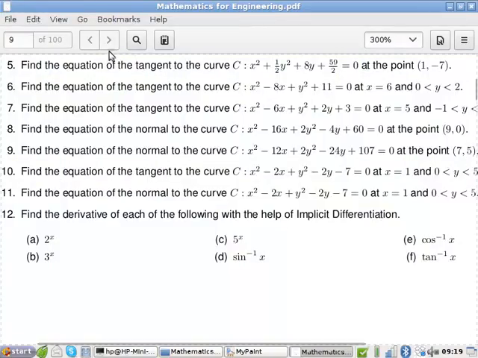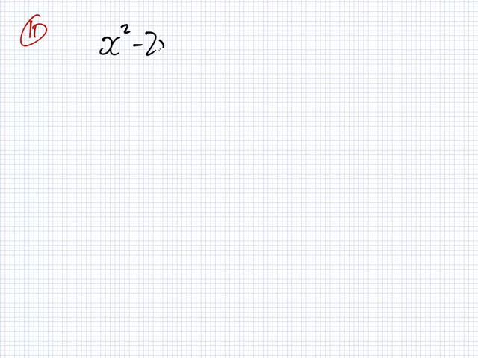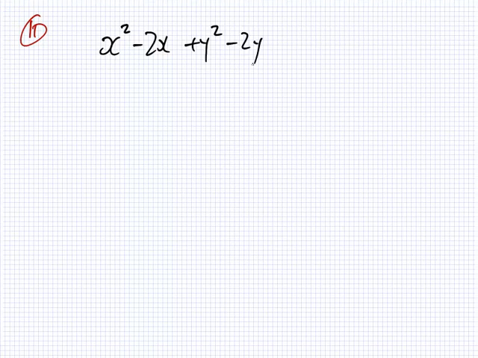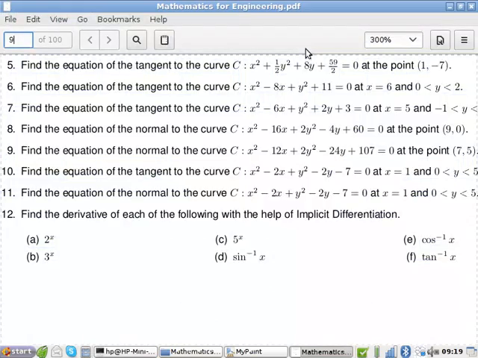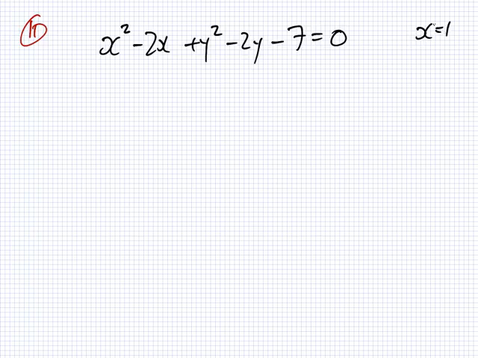Find the equation of the normal to the curve x squared minus 2x plus y squared minus 2y minus 7 equals 0. Yeah? At x equals 1. Okay, so what do we need to do first?